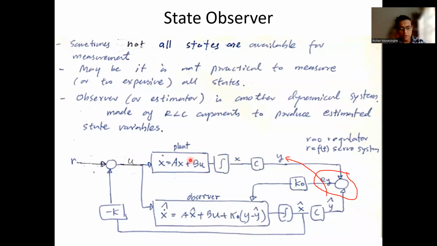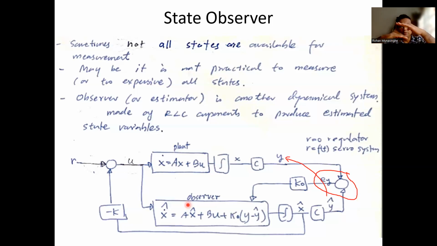You have to make your observer have a natural tendency to follow the plant. So how can you do that? By this type of mechanism, right? You produce some output and compare it with y, and any difference you can bring it over here and affect x hat dot. So this natural feedback will make sure that the observer has a tendency to follow the plant.